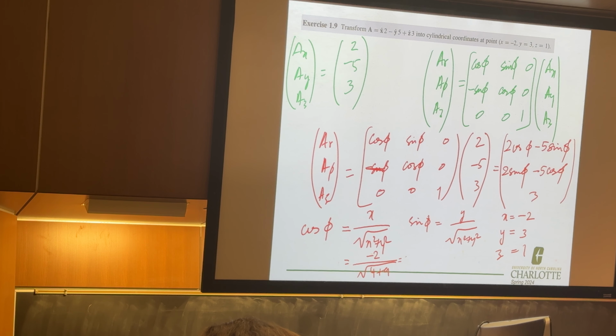That gives us minus 2 over square root 13. And sine phi, y is 3 over square root 13. Okay?